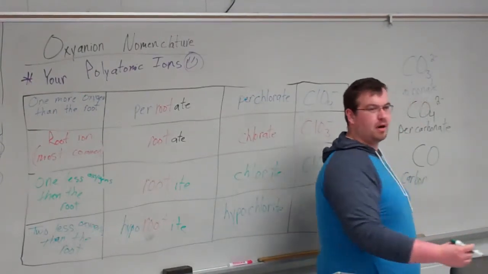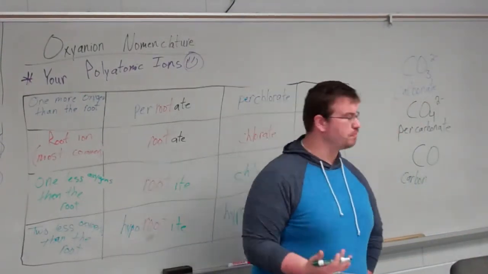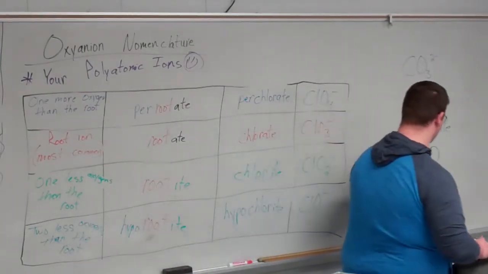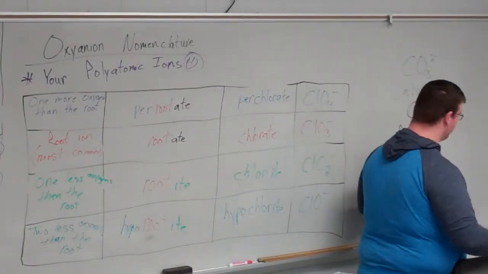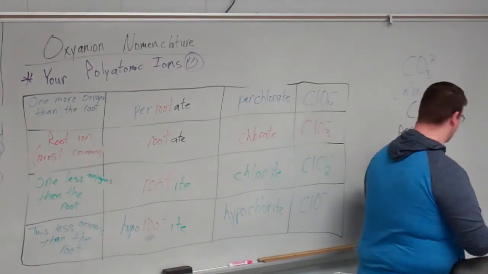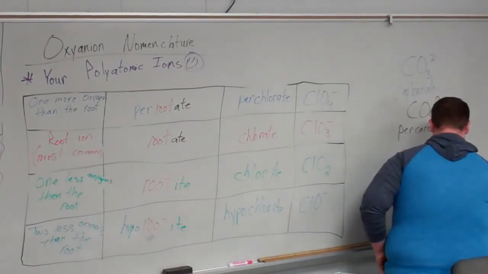Because it's a covalent bond, we use covalent bonding rules, we use those prefixes. There's one here for the carbon, so it's carbon. So we don't use mono with the first one, but the second one has a 1 and we use it, so it's carbon monoxide.